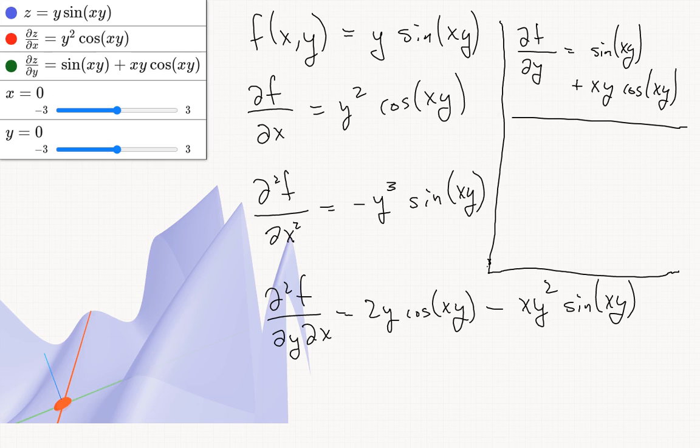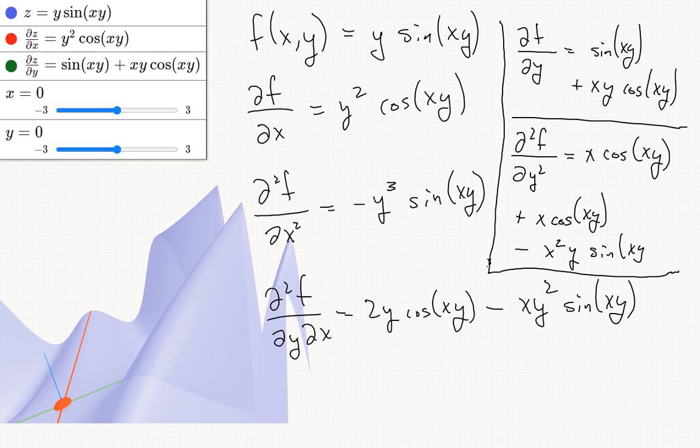So if we do ∂²f/∂y², we'll get x cos(xy) plus, and now we need to use the product rule, plus x cos(xy) and then minus x²y sin(xy).